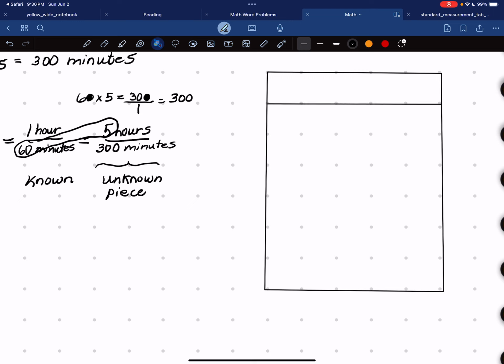So in this form, we're going to use the same format of hours and minutes, where we have 1, 2, 3, 4, 5.